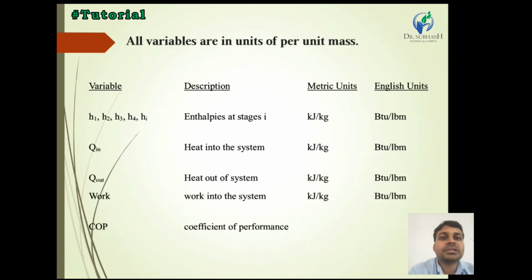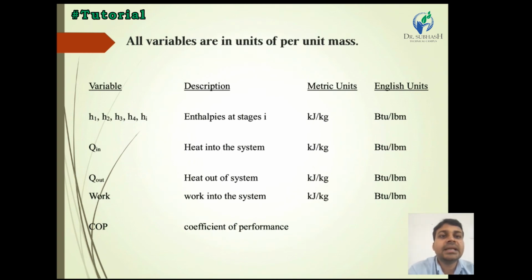The variables H1, 2, 3 and 4 are described in metric units and English units. Enthalpy H1, 2, 3, 4 is the enthalpy at different stages. The metric unit is kilojoule per kg and the English unit is BTU per lbm.